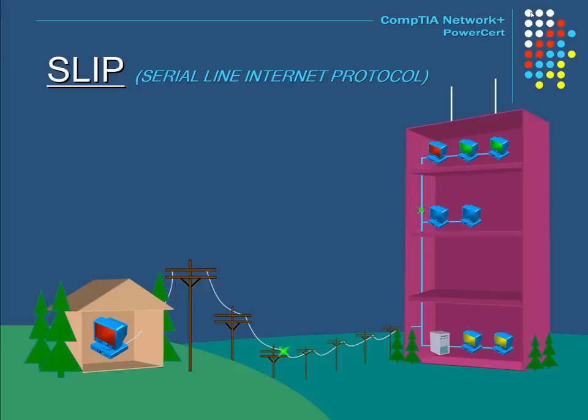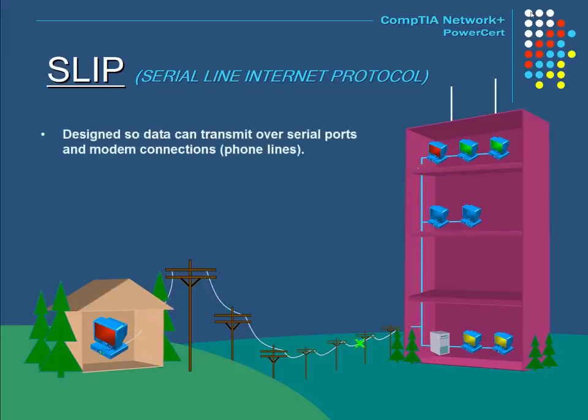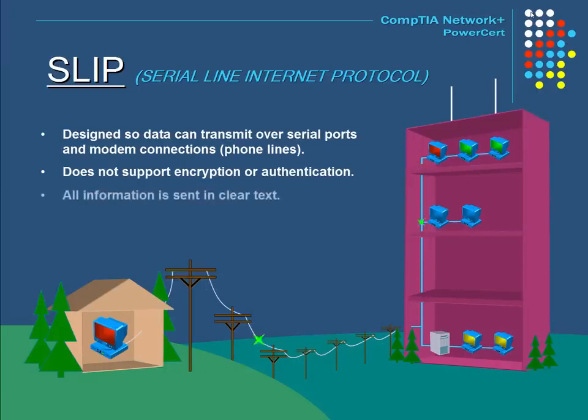SLIP stands for Serial Line Internet Protocol. This is a protocol for communication between two computers using a serial connection, such as a typical phone line. But SLIP is rarely used anymore because it's not a secure protocol. During a dial-up connection, it sends all data, including sensitive data like passwords, in clear text.